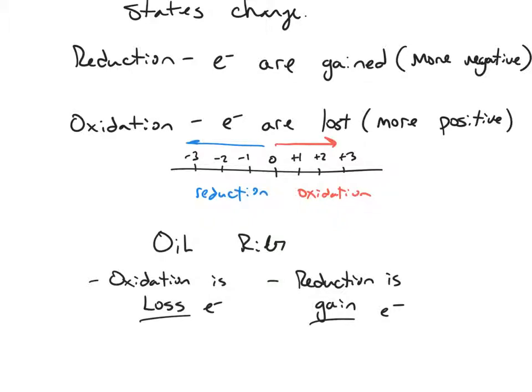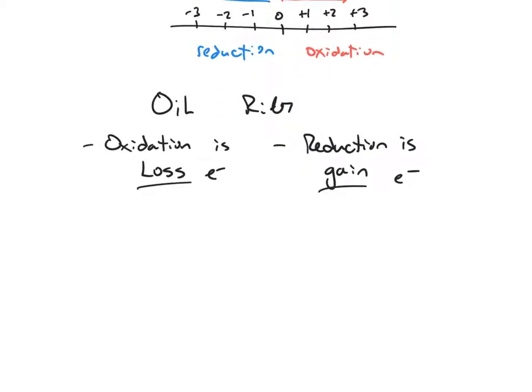Now, redox reactions, there are some that are quite simple, and there are some that are much more complex. Here's an example of a simple redox reaction, one where aluminum goes through a synthesis reaction to form aluminum oxide. Now, in order to identify what gets oxidized and what gets reduced, you first need to be able to identify the oxidation numbers or the oxidation states of each of your reactants.